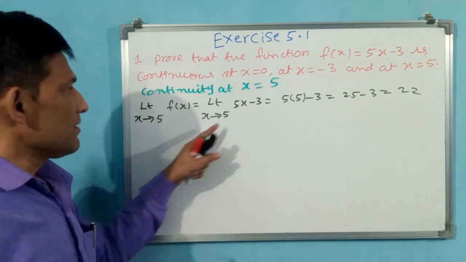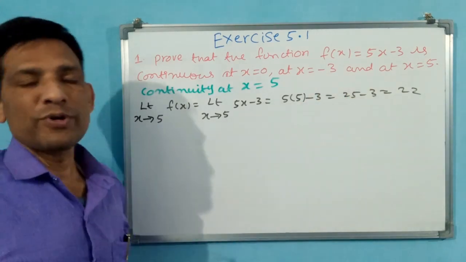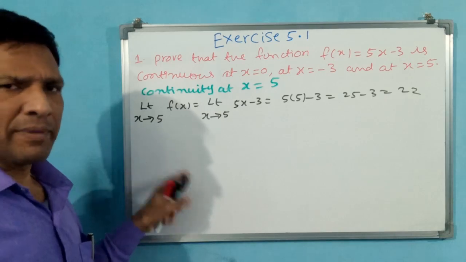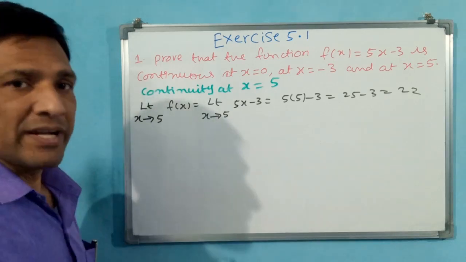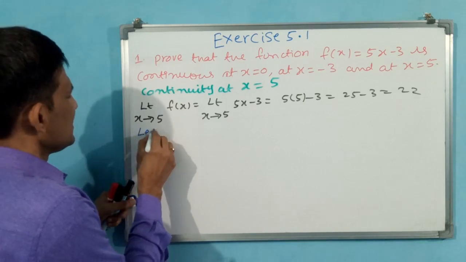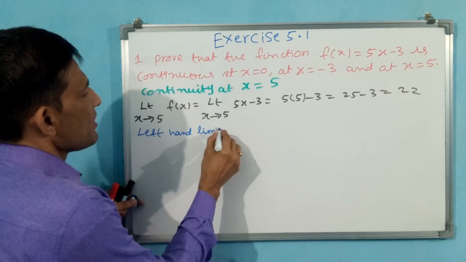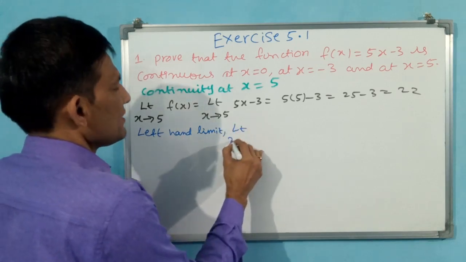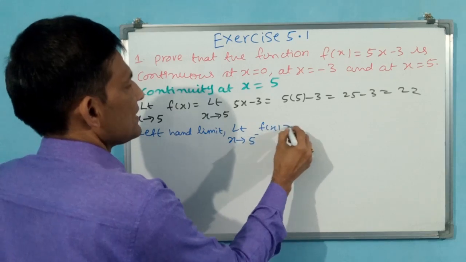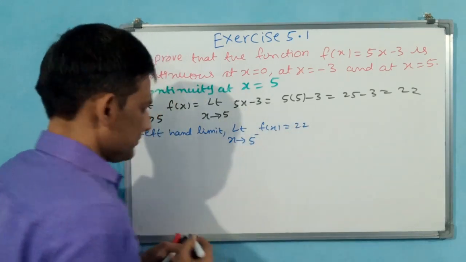Now you tell me, 5 minus, 5 plus, if you apply, same 22 is going to come or different is going to come? Same is going to come. Then you need not apply. You simply write left hand limit, limit x tends to 5 minus f of x is equal to 22.